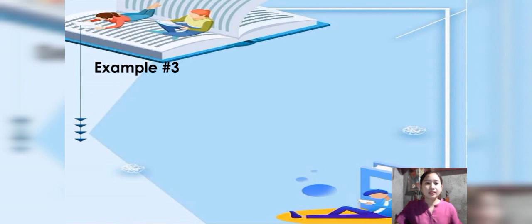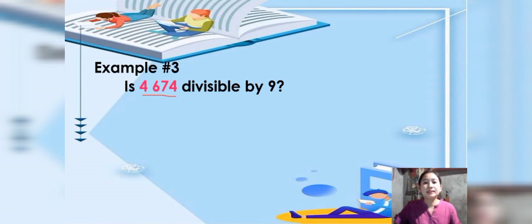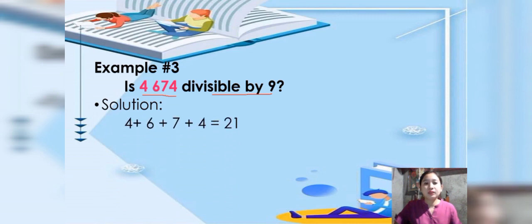Another example is, is 4,674 divisible by 9? Now, to find out, let's add together all those digits. 4 plus 6 plus 7 plus 4. The sum is 21.